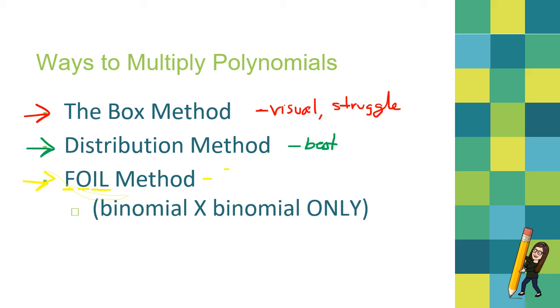But the downside is, we can only use first, outer, inner, last if it's a binomial times a binomial. So you're kind of limited. It only works in that very unique situation. So we're going to explore all of them so you can see what works best for you and can have fluid thinking between these methods.